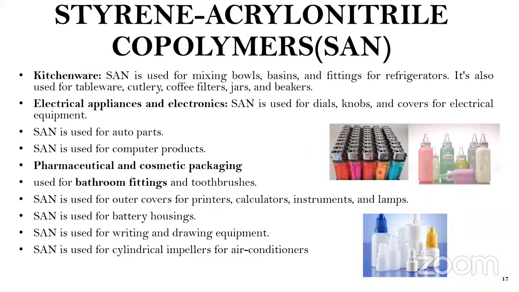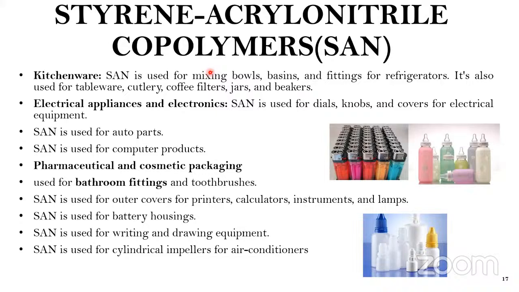Kitchenware: you can see a lot of jars and different colored bottles, basins, or fittings for a refrigerator. All the cutlery, coffee filters, jars and beakers are mostly made of SAN, but that will be a little bit costly.